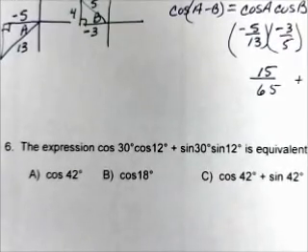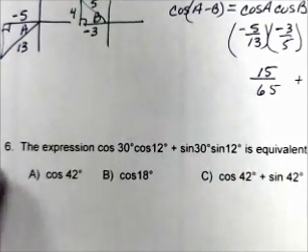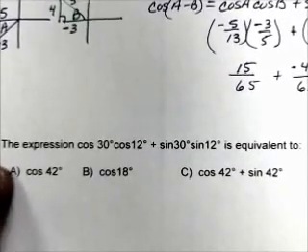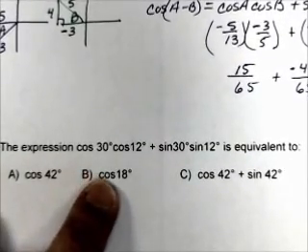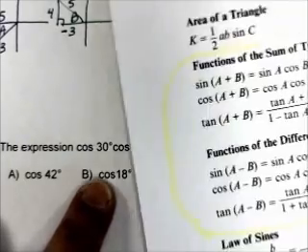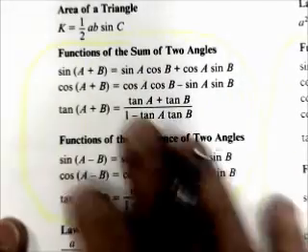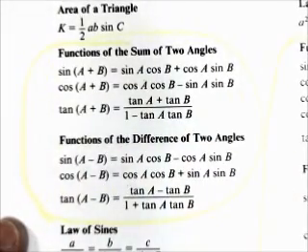Now, another way you might find applying the sum and difference of two angles formulas. Number 6, this is from a Regents multiple choice question. It says the expression cosine 30 times cosine 12 plus sine 30 times sine 12 is equivalent to. So really what we're looking for is the right-hand side of one of our sum or difference of two angles formulas, okay?